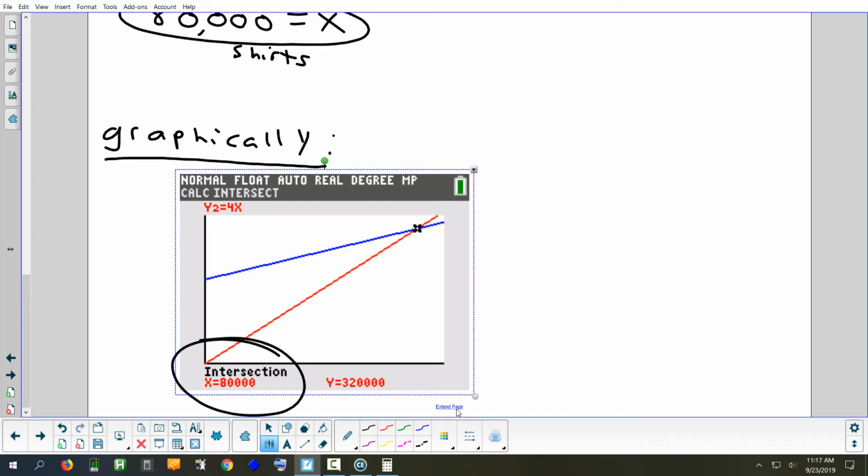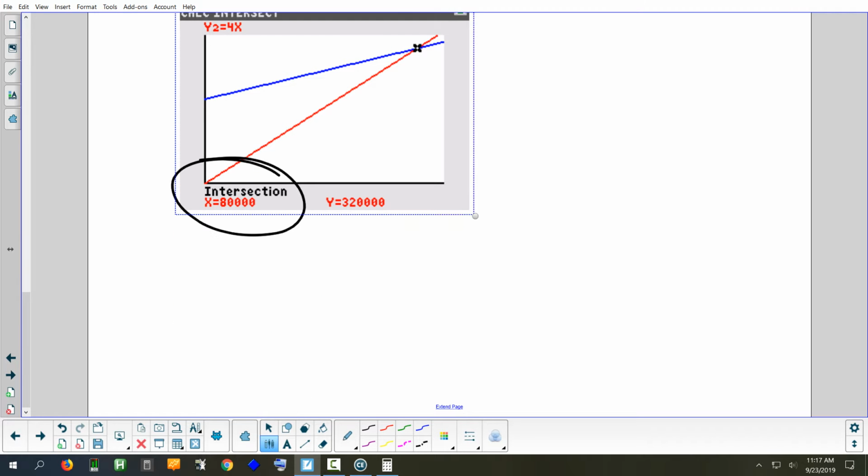Now, looking at that graph, it tells you something else. What is the cost for this company to produce 80,000 shirts? 320,000. What is the revenue if they produce 80,000 shirts? How much? The revenue.